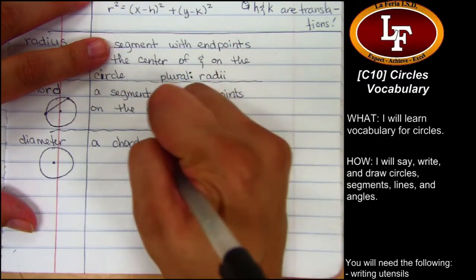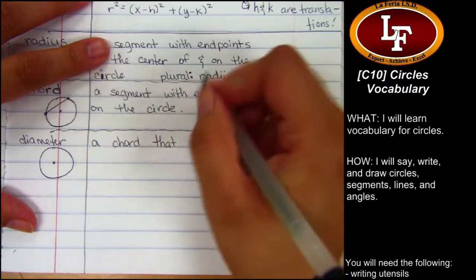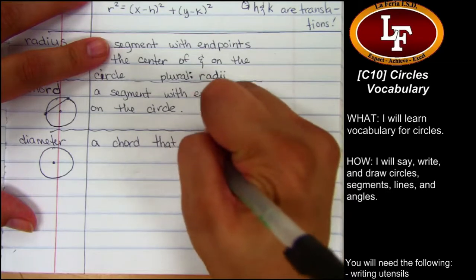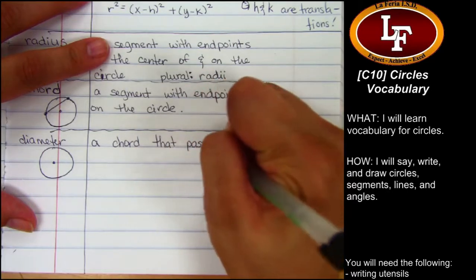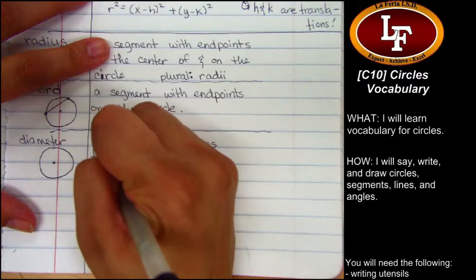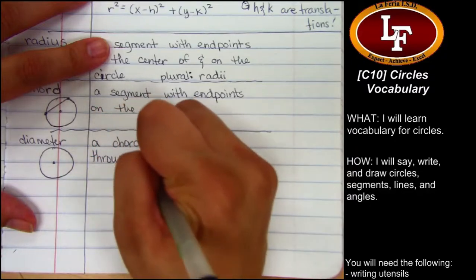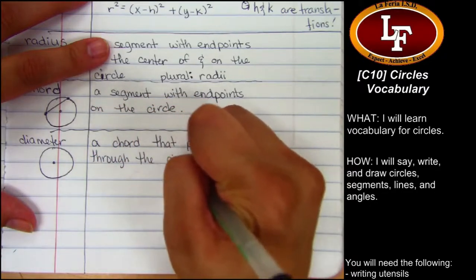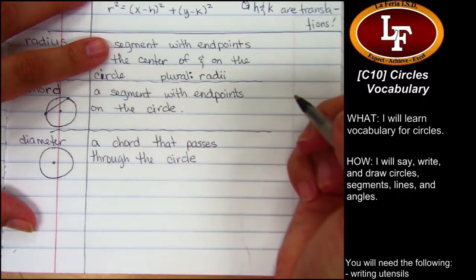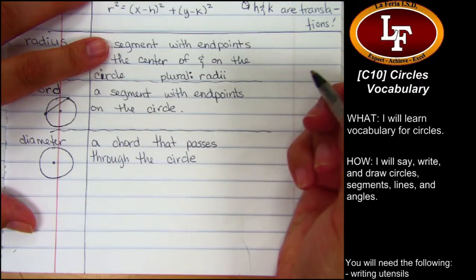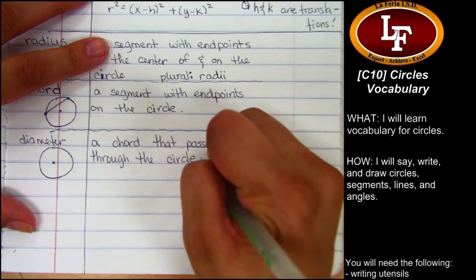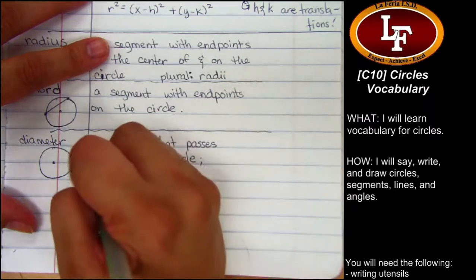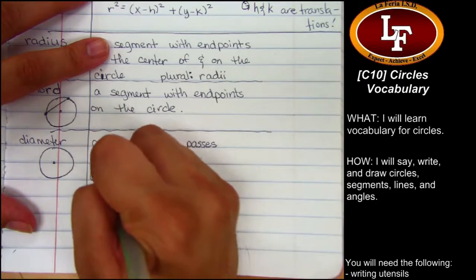The diameter is a chord, so it's going to be a segment with endpoints that lie on the circle, but it also is going to pass through the very center of the circle. So a diameter is going to be a chord that passes through the center of the circle. It's also made up of collinear radii.